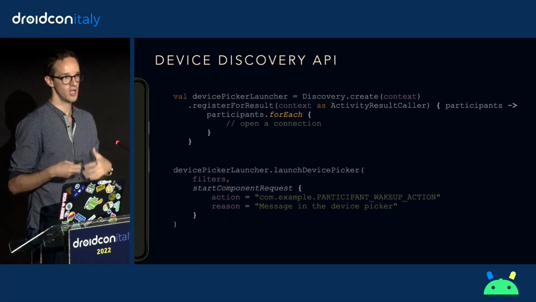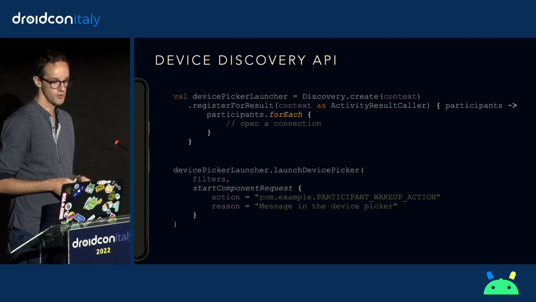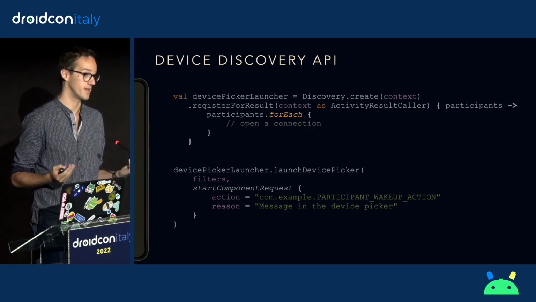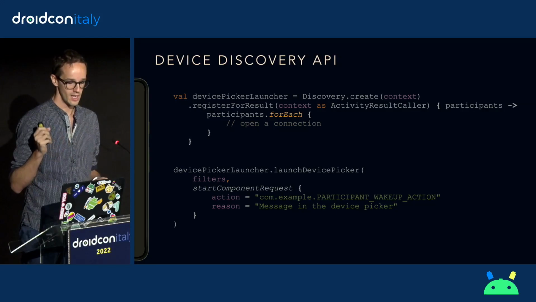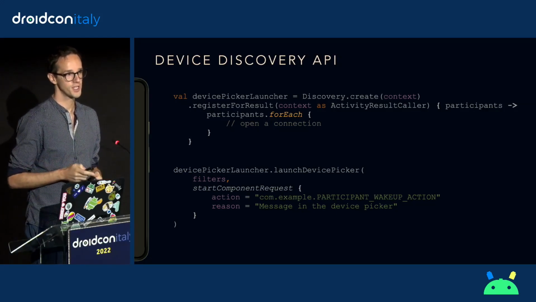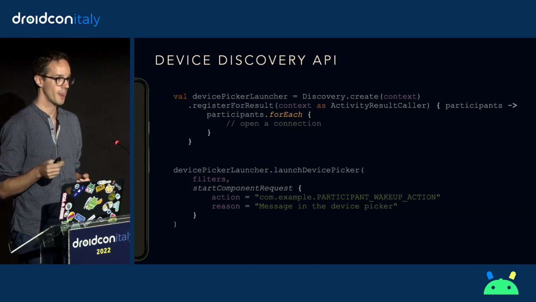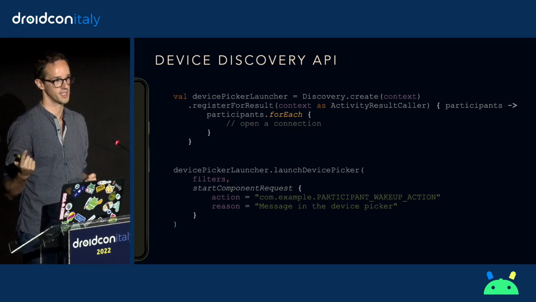Then we actually launch this picker, and here it's interesting because we need to specify some parameters. Let's go with the easiest one, the reason, which is the message that the user is going to actually read. Then an action, which is the one that we are going to register in our application manifest, and that is going to be automatically opened on the secondary selected device.